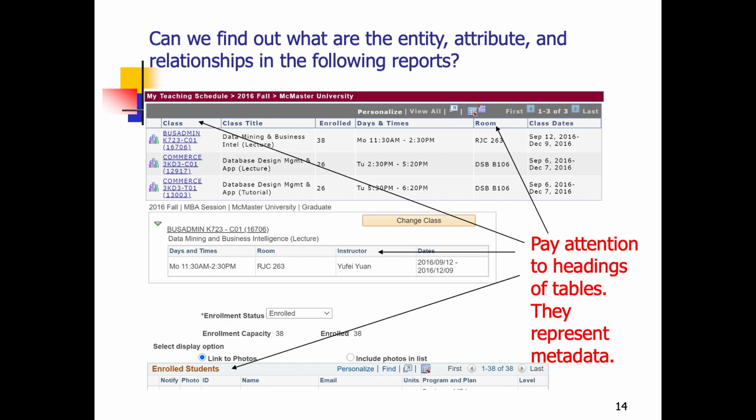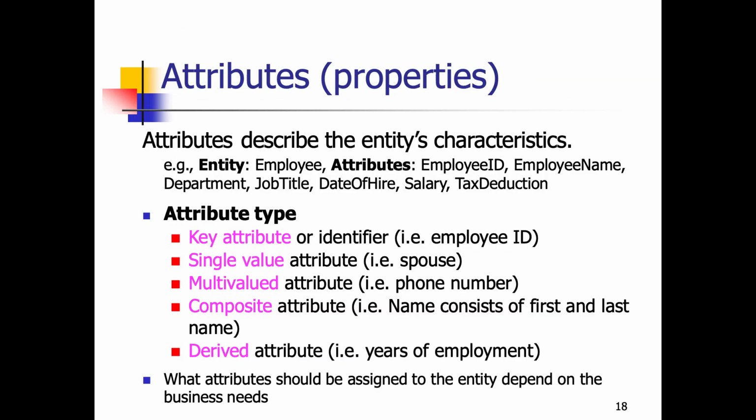And so we already explained this. We also talked about different types of attributes, like the key attribute, which is the unique identifier, single-valued or multi-valued, when an attribute can have only a single value or multiple values. For example, a phone number we said could be multi-valued. And then we also had the composite attribute, which I said please do not confuse with composite entity or composite primary key. They all have the word composite, but they are different things.